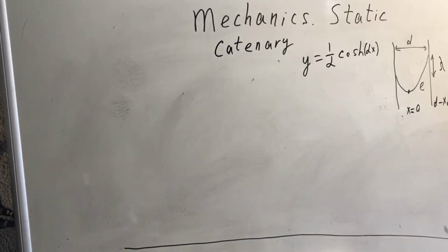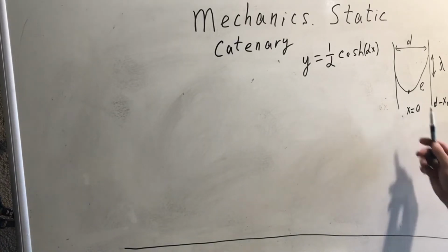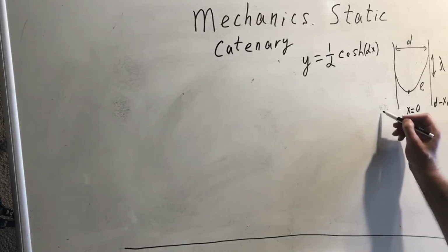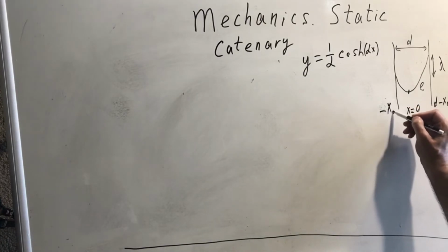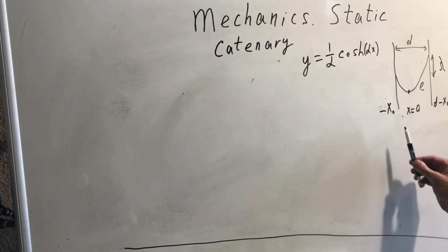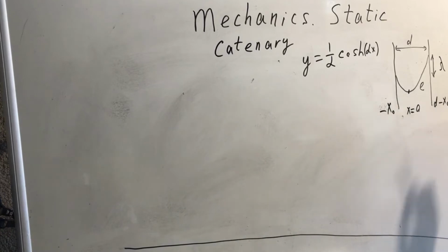Suppose that our midpoint is right at x equals 0. So it means that the left point has coordinate negative x0, which is unknown, and the right point has coordinate d minus x0, and now we need to find these two parameters, x0 and alpha.